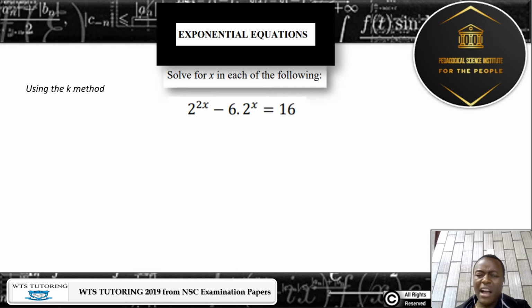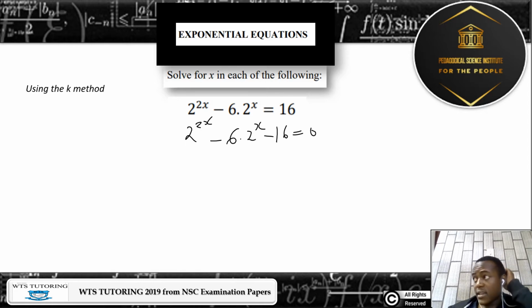How do I use it? Okay, I'll first take my 16 to that side so that I may have a stable, beautiful exponential equation. So it will be 2 exponent 2x minus 6 times 2 exponent x minus 16 is equal to 0.